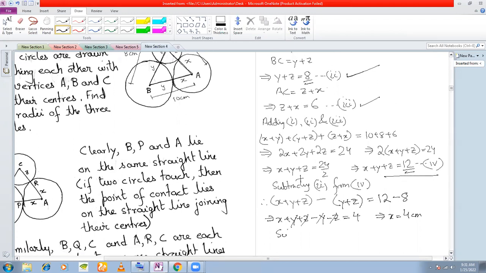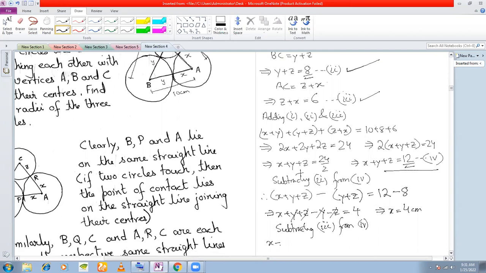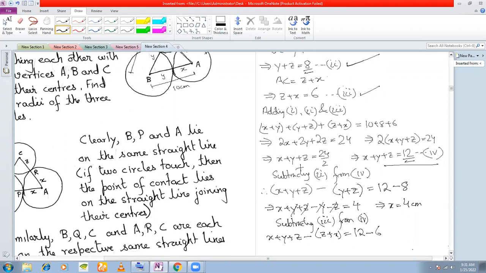So subtracting 3 from 4, what will I get? x plus y plus z minus z plus x is equal to, the right hand side of 4 is 12 and the right hand side of 3 is 6. So what am I getting? x plus y plus z minus z minus x is equal to 6. That means z and z cancel, x and x also cancel. You get y is equal to 6 centimeters.